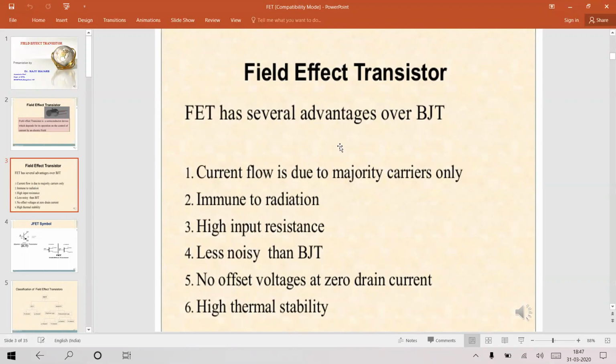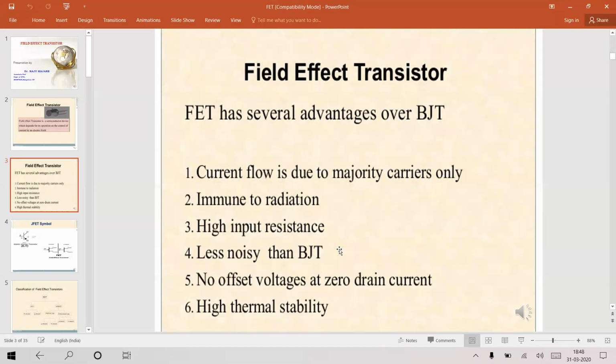This device FET has several advantages over BJT. In terms of current conduction, current flow is due to only majority carriers in FET, whereas in BJT, as I said, it is due to recombination of holes and electrons. FET is immune to radiation, and it has very high input impedance or resistance, and is less noisy than BJT.